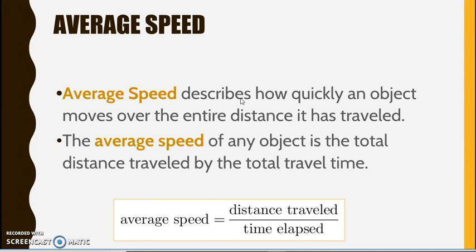So I have different instantaneous speeds. If you looked at my speedometer in my neighborhood versus on the highway, that's going to look different, right? But my average speed is distance divided by time. How fast was my average speed as I was driving? So there's your speed calculation.